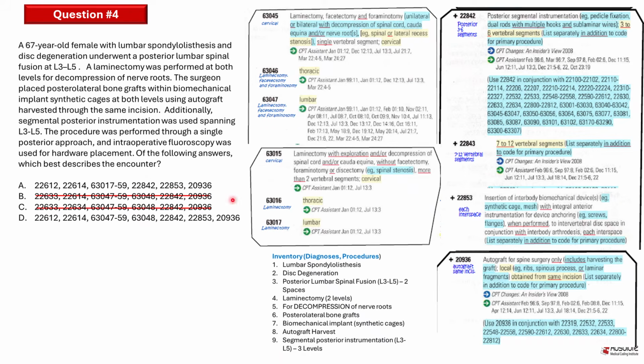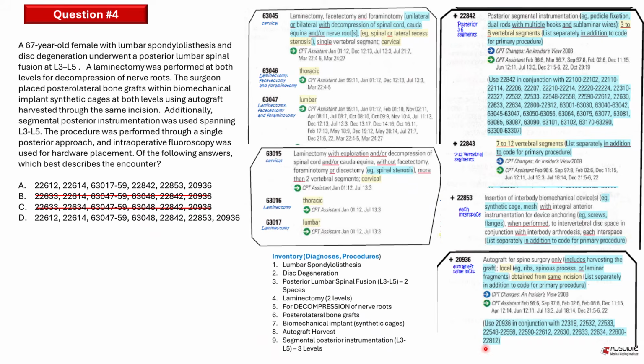Also, 22853 is the code for insertion of interbody biomechanical devices, synthetic cage, and that is number 7. And finally, 20936 is the code for autograft for spine surgery. So that bone graft, and that includes harvesting. So coders, this is our code. It is the best of the 4.